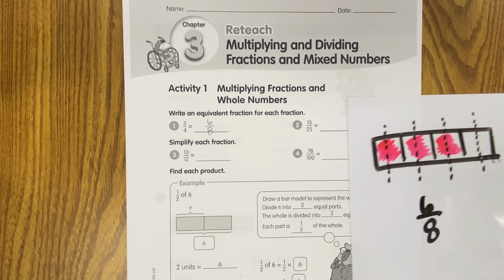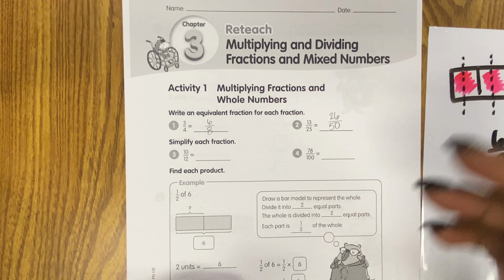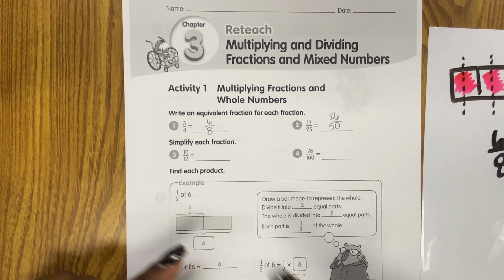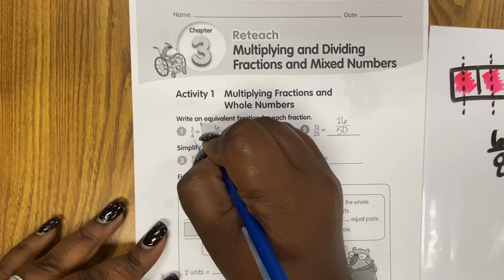Now that you have had an opportunity, hopefully you were able to get a fraction. If you used the previous method, we would have a total of 50 equal parts. And of those 50 equal parts, 26 would be shaded in. We know this because in our previous one, we broke everything into 2 equal parts.